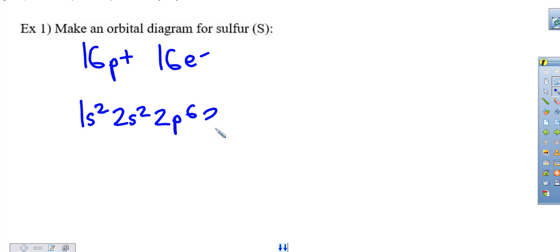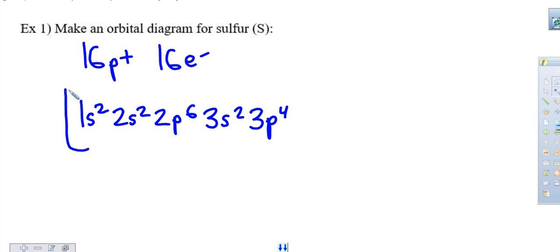So we got 3s2, and then we go to the 3p, and we have only 4 electrons left. So don't write 3p6. Yes, 6 electrons can go there, but there are only 4 remaining electrons. 2 plus 2 is 4, plus 6 is 10, plus 2 is 12, plus 4 more is 16. We only have 16 electrons.